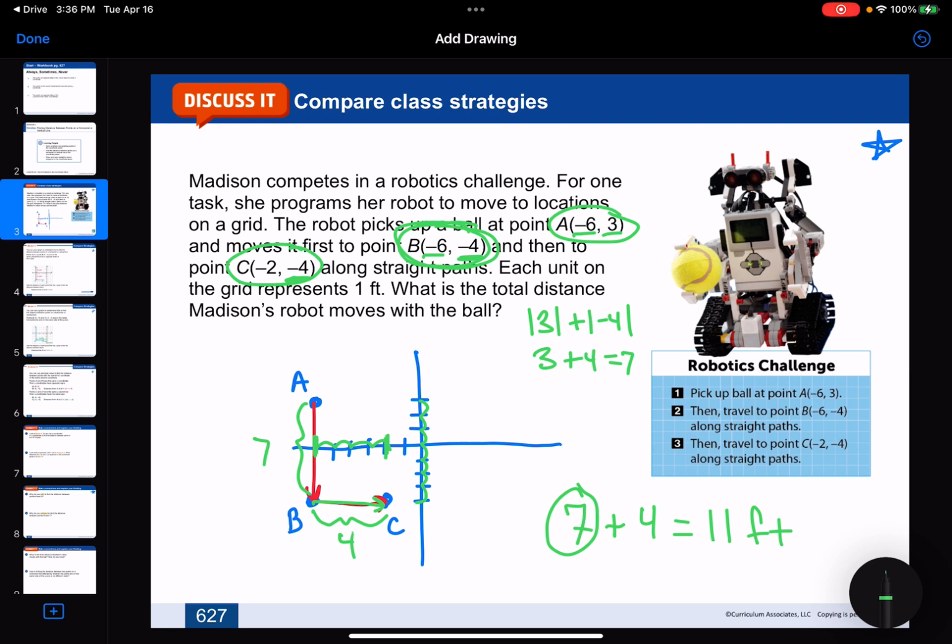So the absolute value of -6 is the distance to there, to -2. Because these are not changing sign, we are going to subtract those. That's going to be 6 minus 2, which is equal to 4, which is where we get this 4. We add up those distances to get a total distance of 11.